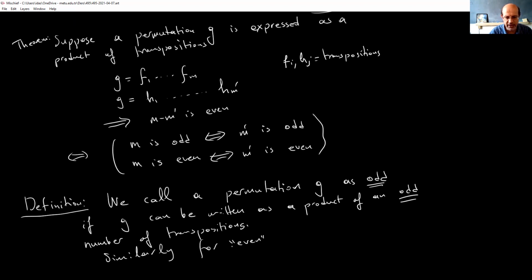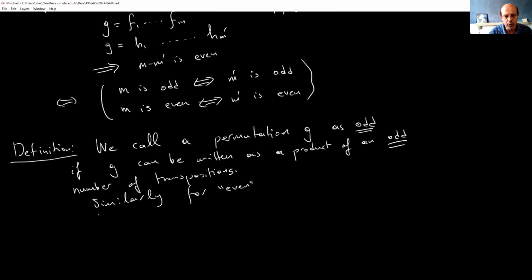And so as a result, we have this. There's also something that we call the signature of a permutation. So I'm going to call this epsilon g, or sometimes people show it with -1 to the power g.